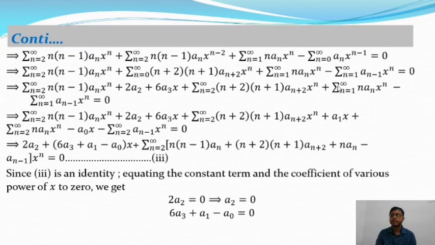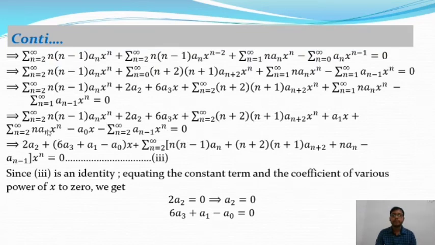In that term, when we put n equals 1, we get a1 x, plus summation n equals 2 to infinity n a_n x^n. In the last term, when we put n equals 1, we get a0 x, minus summation n equals 2 to infinity a_(n-1) x^n equals 0.